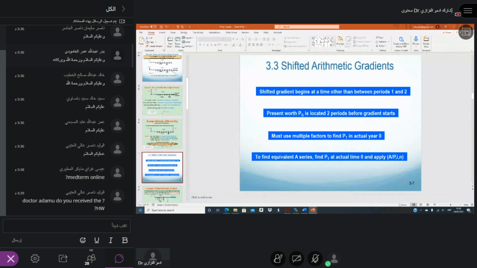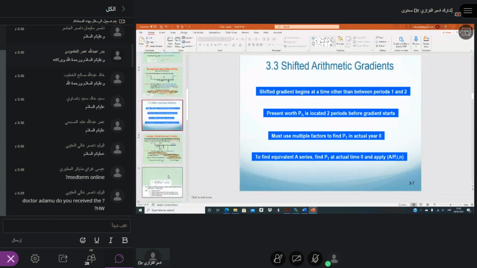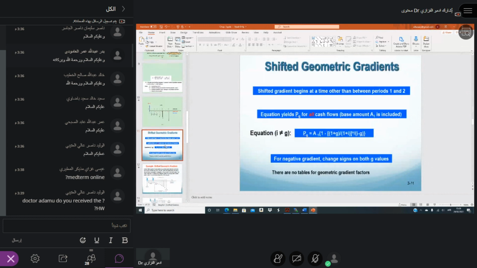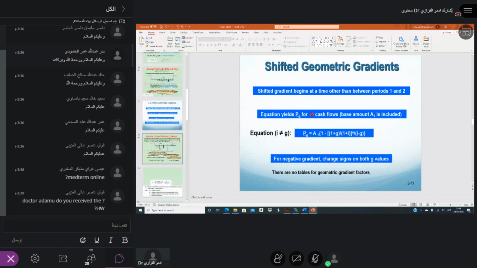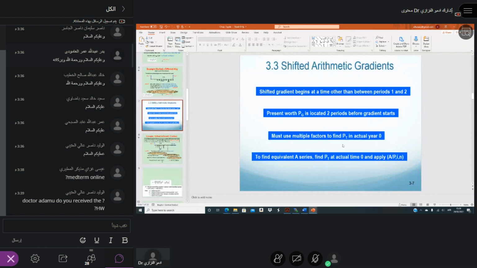So today we will look at shifted arithmetic gradients. We finished shifted uniform series. Today we'll look at shifted arithmetic gradients and also shifted geometric gradients. Let's start with shifted arithmetic gradients. These are gradients that begin at a time other than between period 1 and 2.